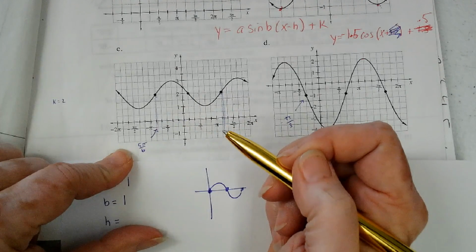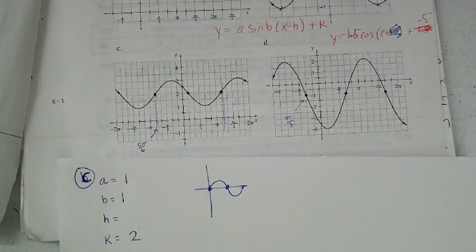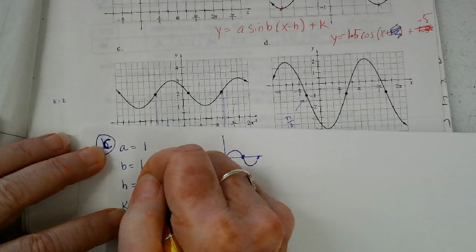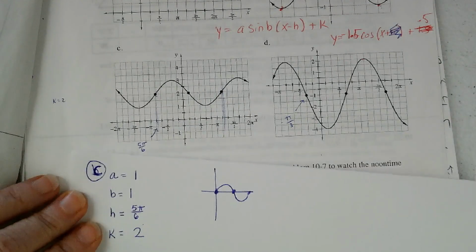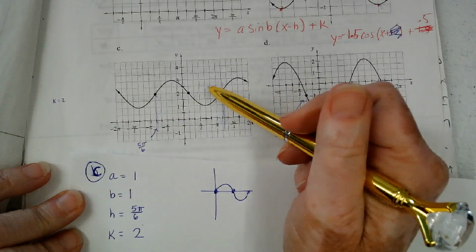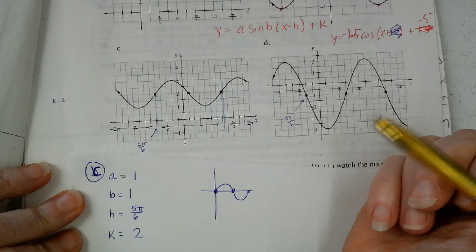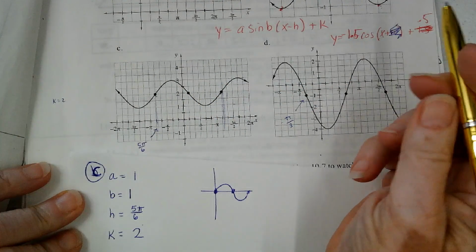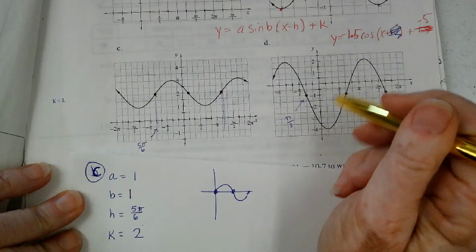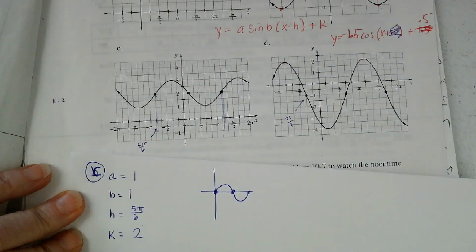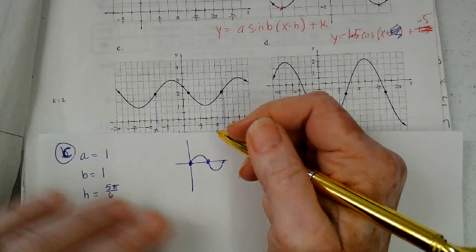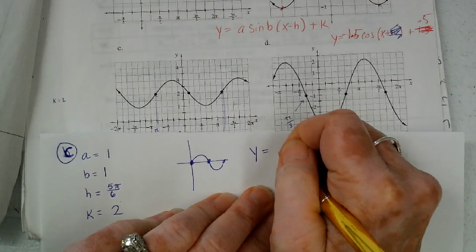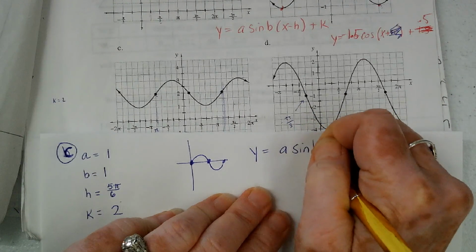Okay, so that's a horizontal shift, and it's shifted left. So anyway, let's put this in. We've got y equals a sine b times x minus h.